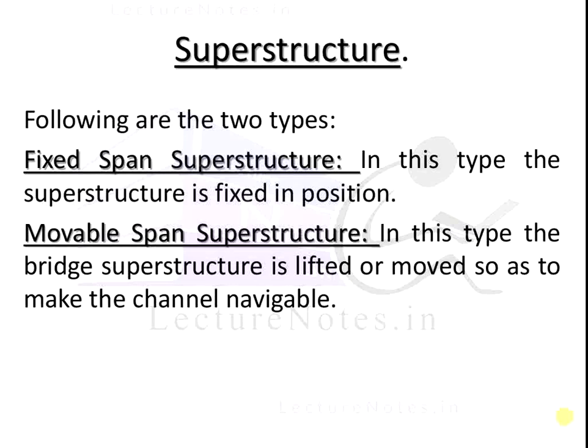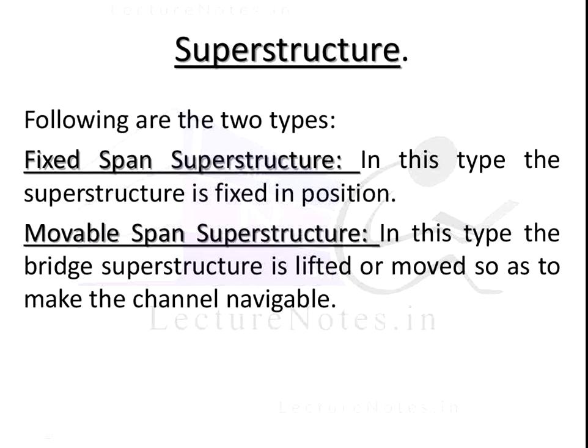Let's start. In the last video lecture we have already seen the superstructure and types of the superstructure. The first type is the fixed span superstructure and the other type is the movable span superstructure. In the fixed span superstructure, the superstructure is fixed in position.